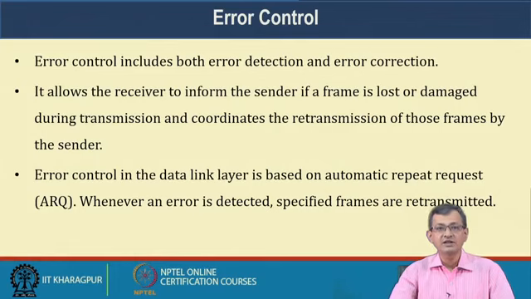Error control in the data link layer is based on the concept of ARQ or automatic repeat request, right. Whenever an error is detected, specified frames are retransmitted, right. So, it is an automatic repeat request. It is requesting an automatic repeat of the frames. So, that is the mechanism which is there.